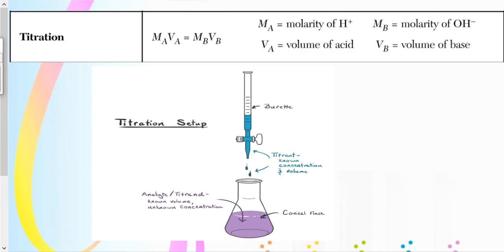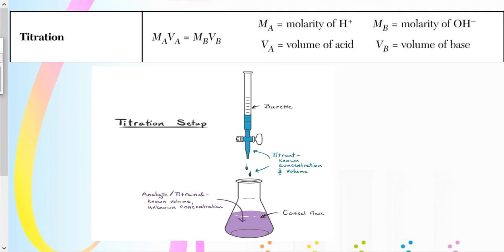So I hope you have your reference table in front of you, because if you go to reference table T, there is a formula for titration given to you. And the formula is MAVA equals MBVB, where M stands for molarity, the concentration, and A or B stands for acid or base. V, capital V, stands for the volume, right?